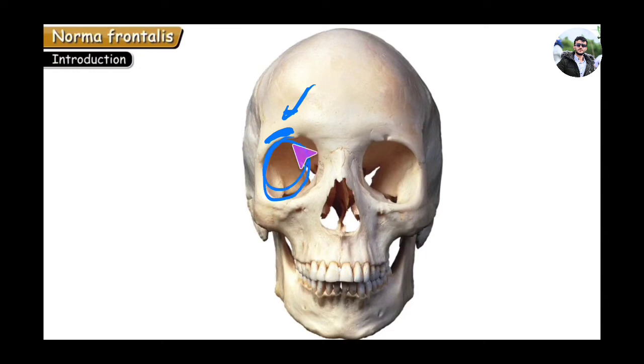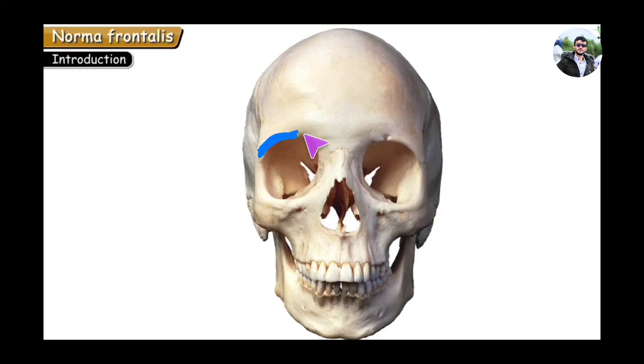This arch-like projection is more prominent in males than females, and it forms the superior or supra-orbital margin of the orbital opening.